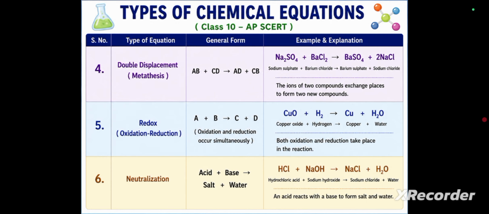Neutralization reaction. This is a very simple reaction. Here we take one acid and one base. We already learned about acids and bases in previous classes. In those classes we learned the neutralization reaction also.